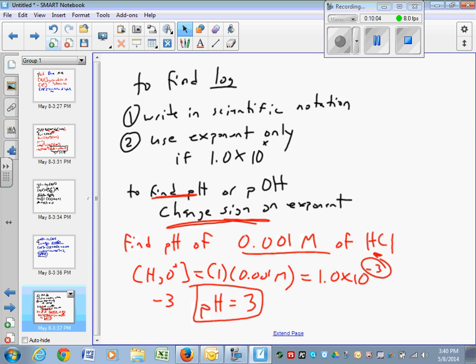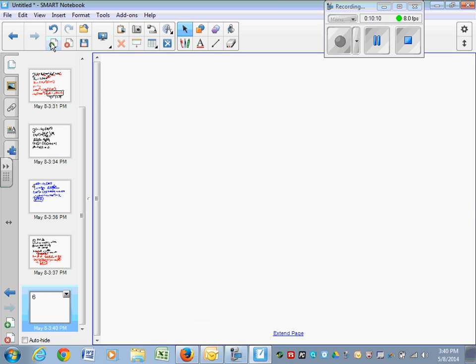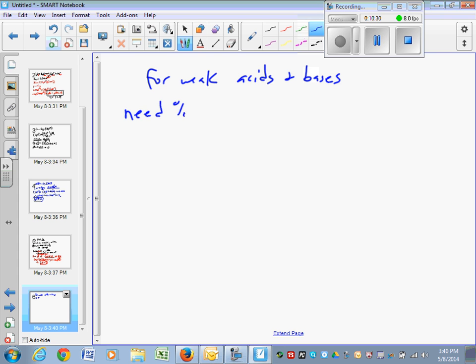There is one other thing that we need to be able to do, and that is to figure out how to get the pH or pOH for a weak acid or a weak base. So for weak acids and bases, the only difference is we have to multiply the concentration of hydronium or hydroxide by the percent dissociation.